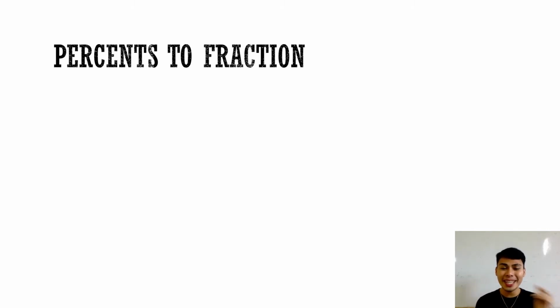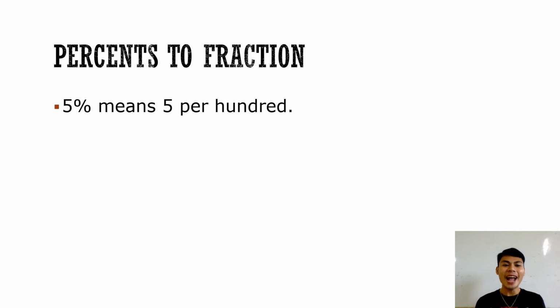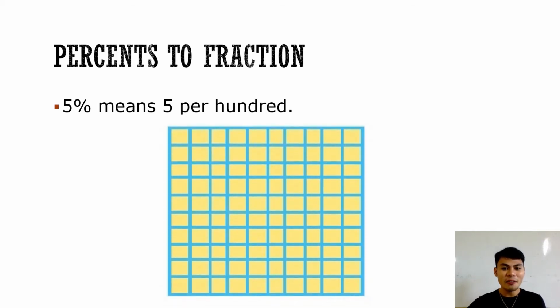Now, the second task is percents to fraction. Why should you know this? Because in the later topics for percentage, rate, and base, we will need these concepts as well. Again, 5% means 5 per 100. So 1, 2, 3, 4, 5, this is the representation, 5 shaded squares. But in fraction, it is just written as 5 per 100.